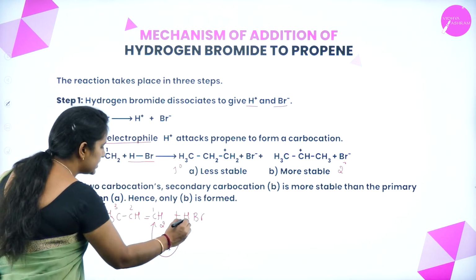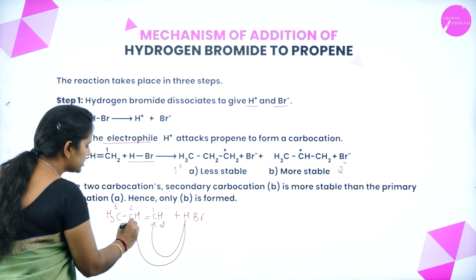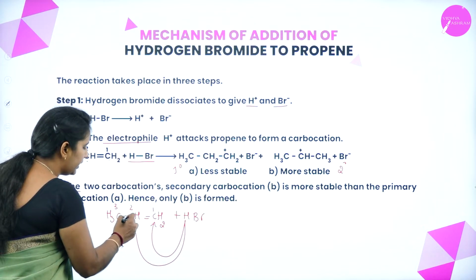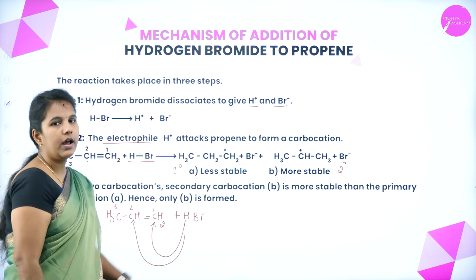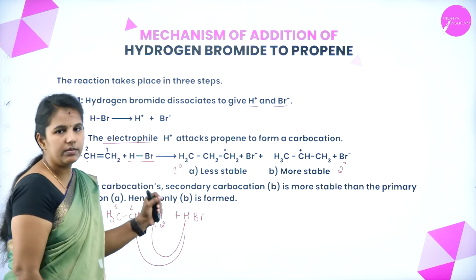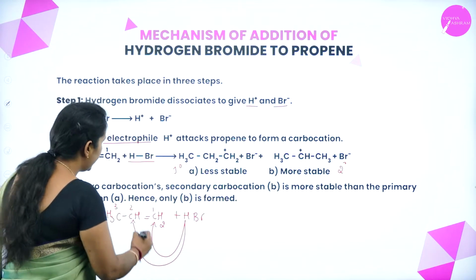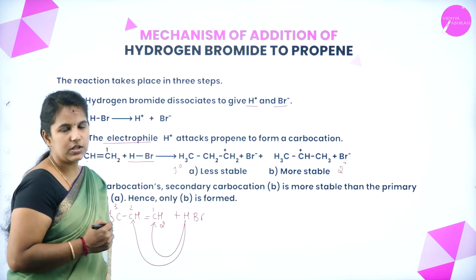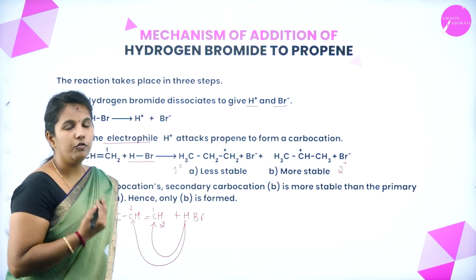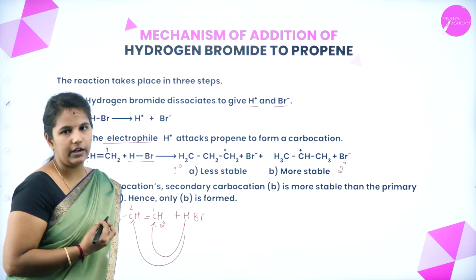Similarly, if this H plus ion attacks the second carbon atom, the second carbon atom takes up the electrons from the first carbon atom and forms a more stable carbocation, and hence the first one gets the plus charge, to show that it is the formation of a carbocation.